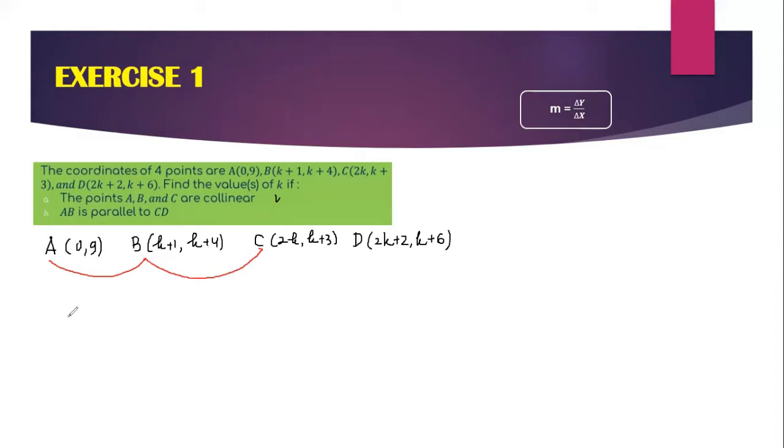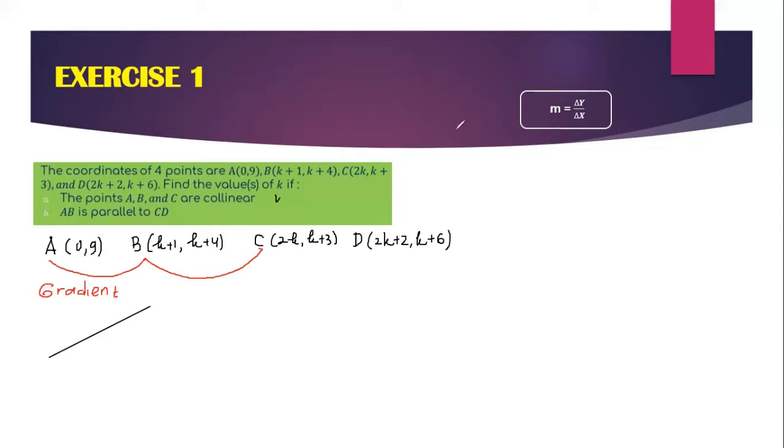The first method to solve this question, the closest approach to find whether points A, B, C are collinear, is by using the gradient. What is gradient? Gradient is the steepness of the line.